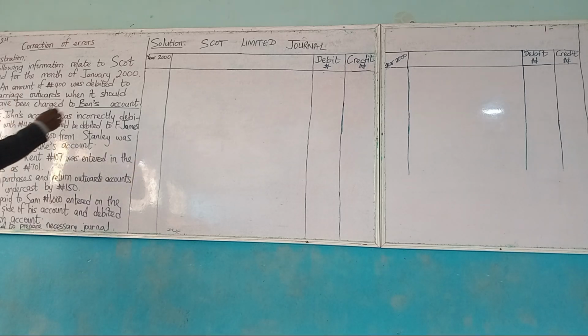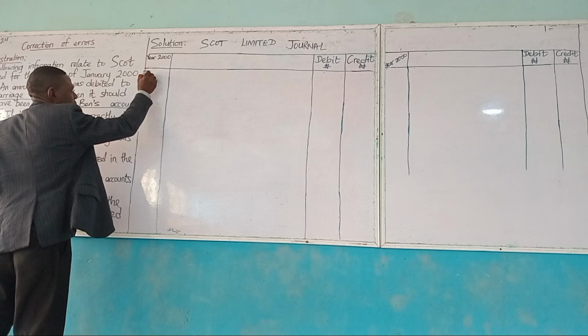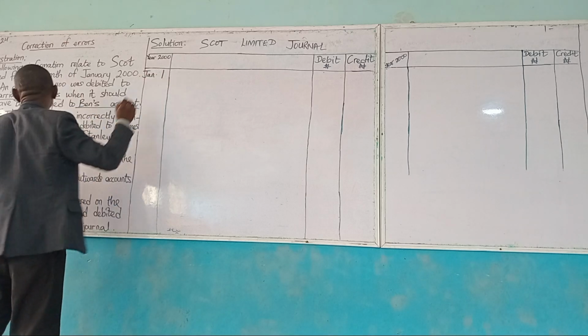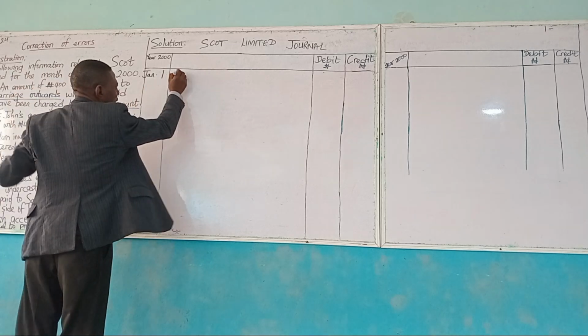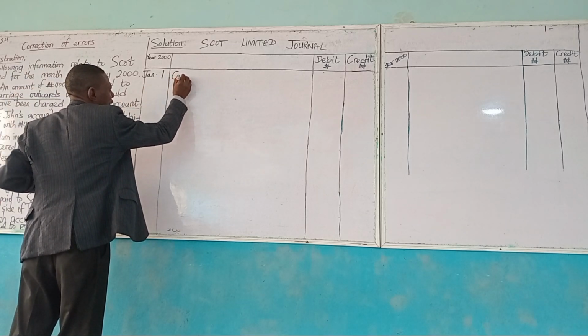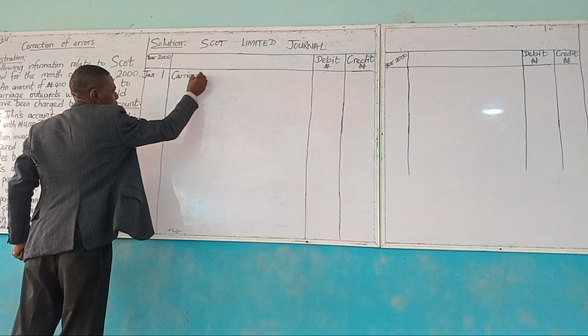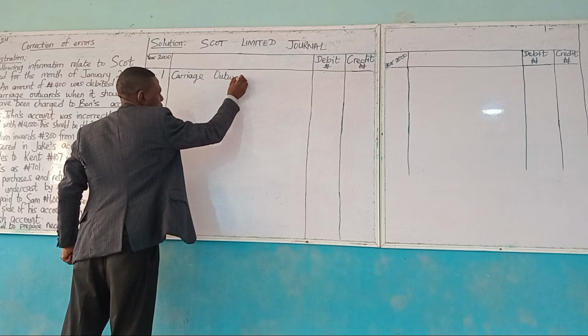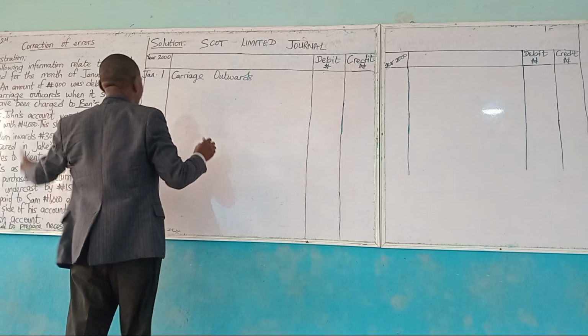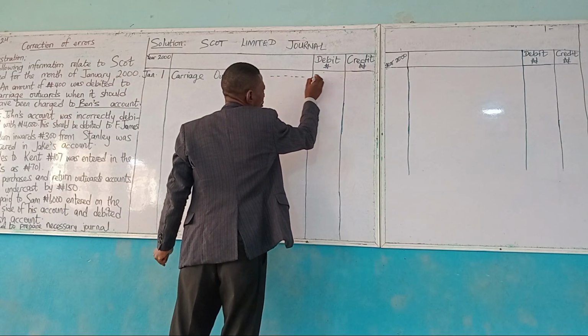So I will now say, January 1, it was debited, so I'm going to credit this account now. Carriage outwards will now be credited with 400 naira.